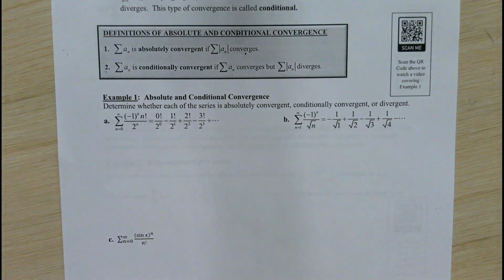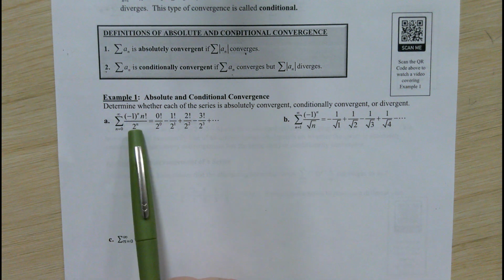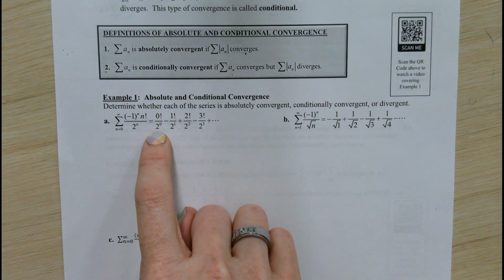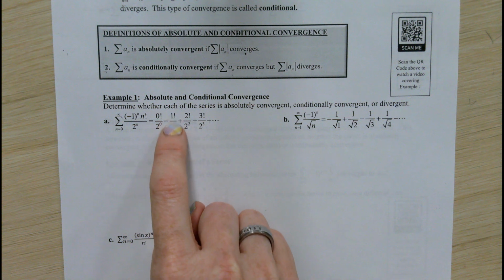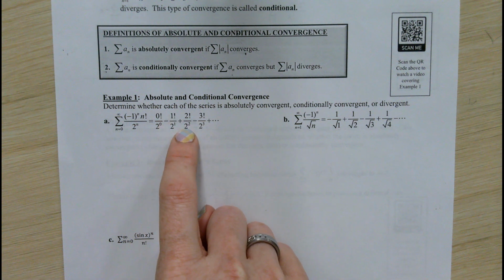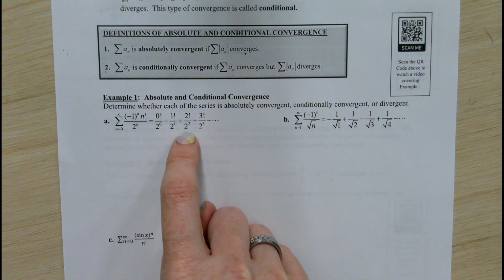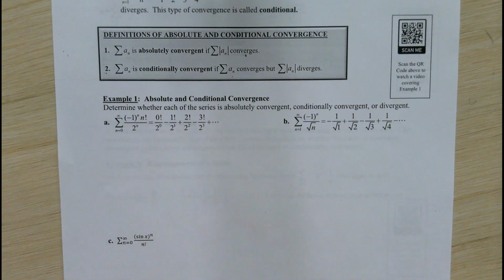So for example 1, we have a series that definitely has some negative terms. In fact, it looks like it probably has alternating terms. They've listed some of them out for us. So we've got 0 factorial over 2 to the 0, minus 1 factorial over 2 to the first, plus 2 factorial over 2 squared. So it looks like even powered terms are going to have positive signs, and odd powered terms are going to have negative signs.